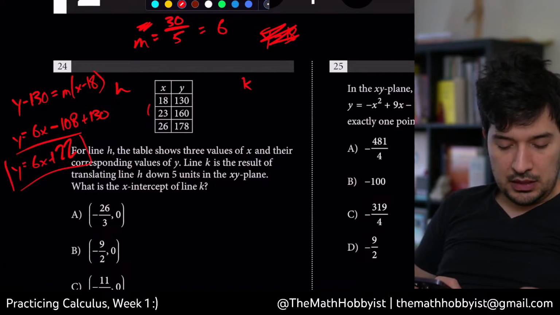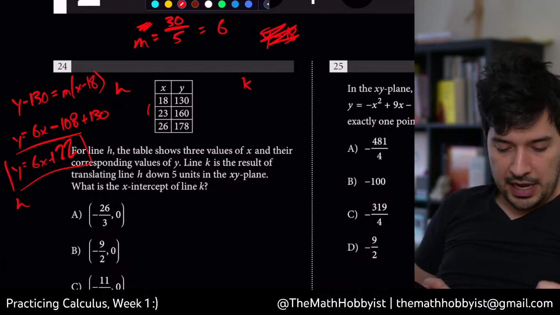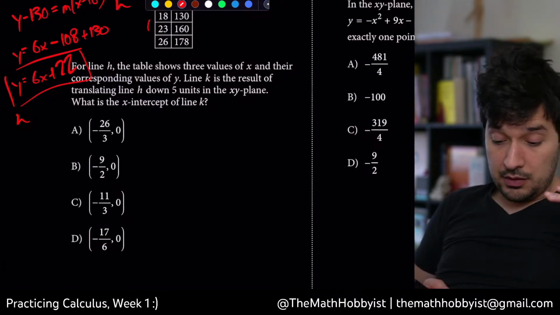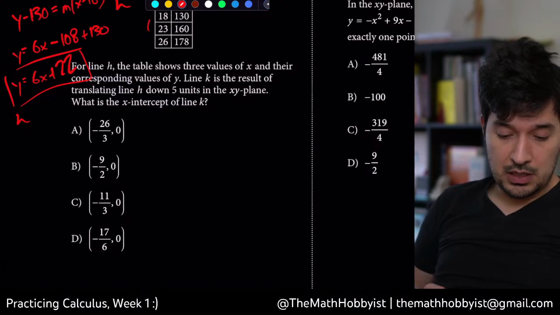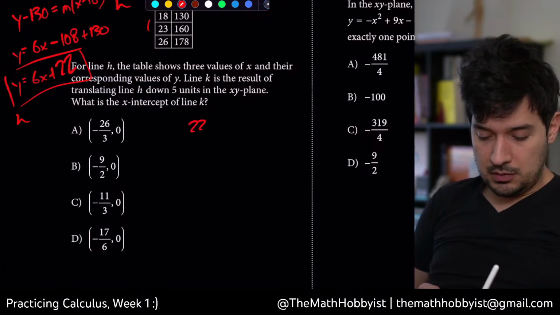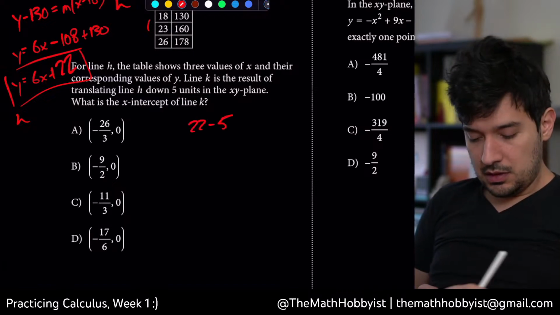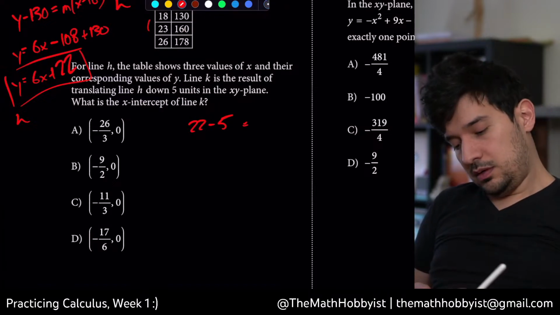There's the original line h, and if we're finding k, we translate it down 5 units, so 22 minus 5 is 17.